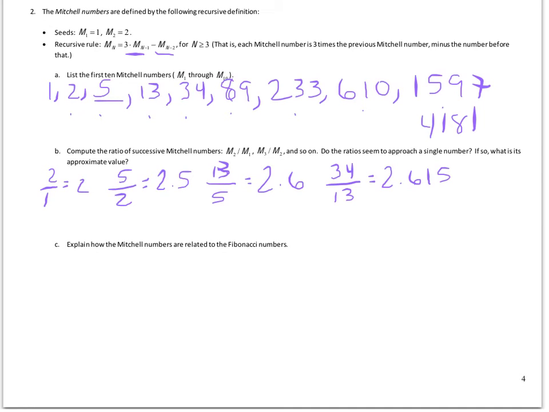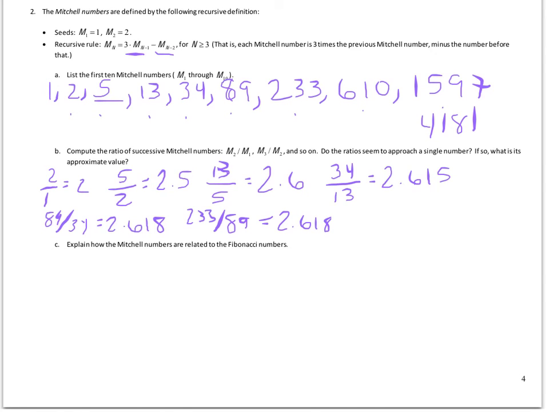And 89 over 34 is 2.618. And 233 over 89 is also 2.618.